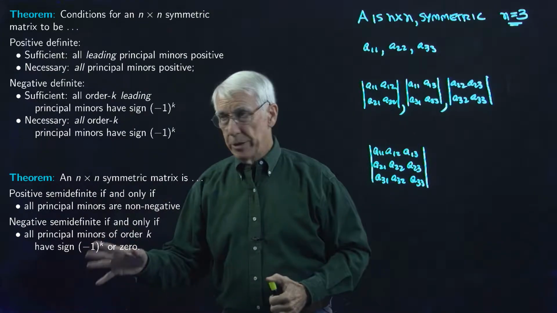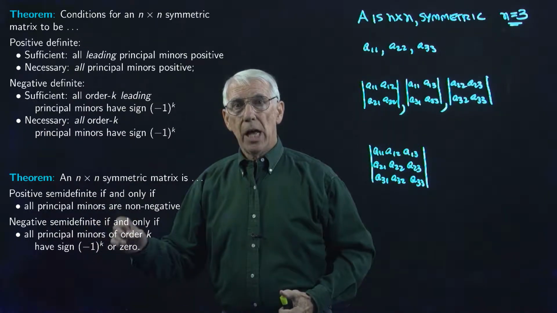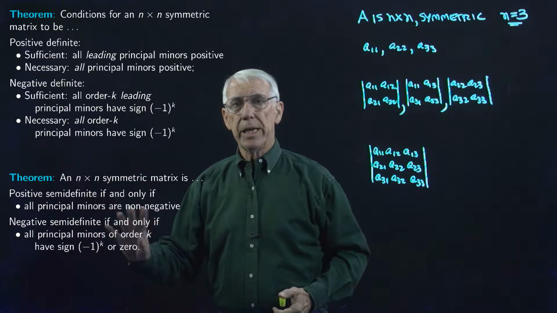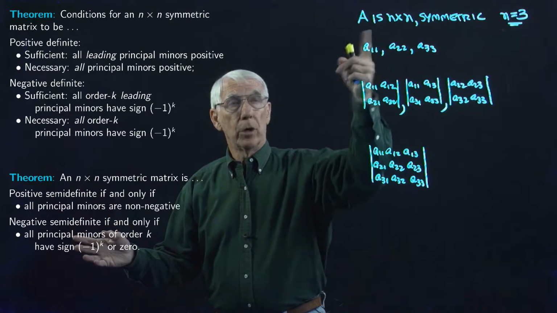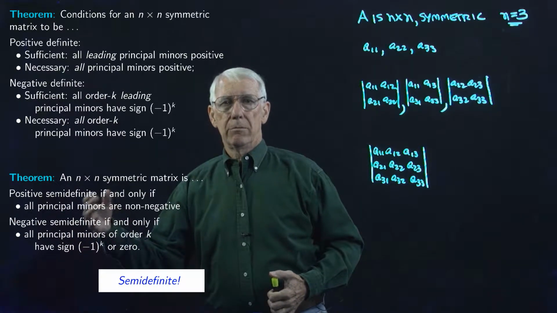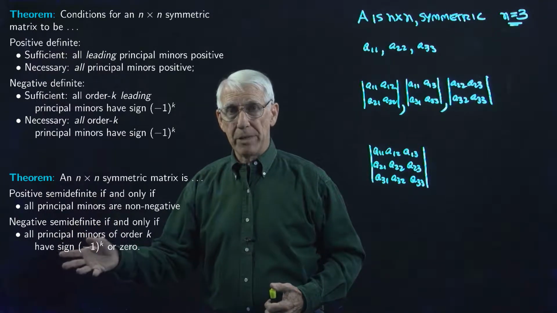So here we have our theorem that tells us, in general for any n, a single condition that's both necessary and sufficient for our quadratic form or our matrix to be positive semi-definite, and of course a parallel single condition that's both necessary and sufficient for negative semi-definiteness.